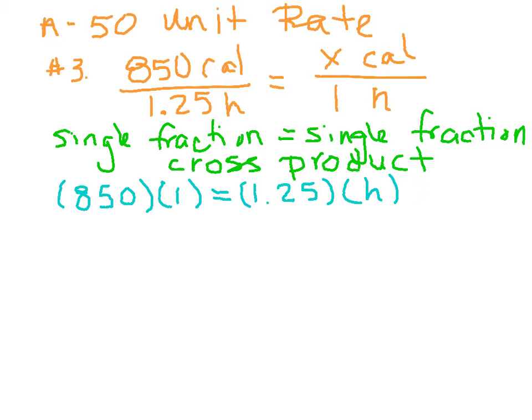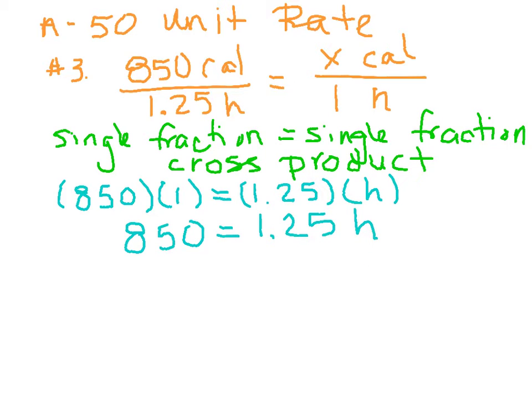So the nice thing about unit rates is that this is really easy to multiply. 850 times 1 gives me 850. So I end up with 850 is equal to 1.25 H. Now, my goal is to get H by itself. So I'm multiplying H by 1.25.